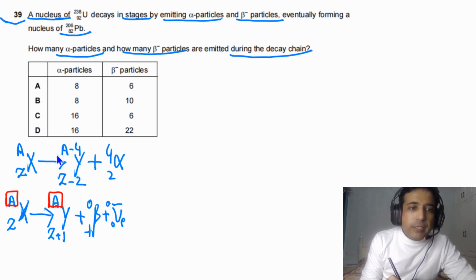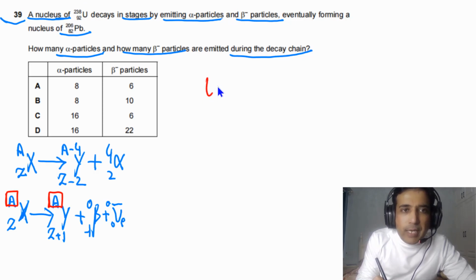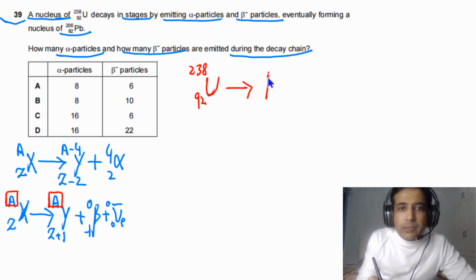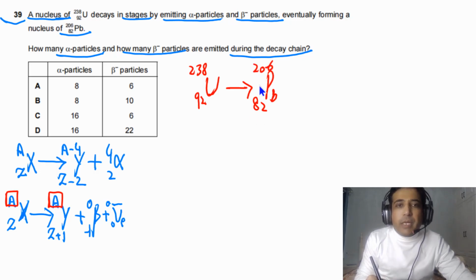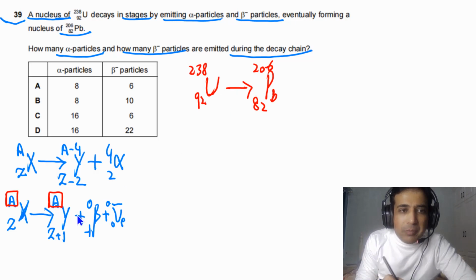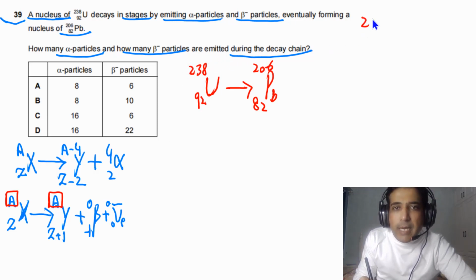Now we can look at uranium. In this case uranium 92 decays into Pb, that is 82, and the mass number of this one is 206. As there is no change in mass number when a beta minus particle is emitted, from here we can find out how many alpha particles need to be emitted. 238 minus 206 gives 32.